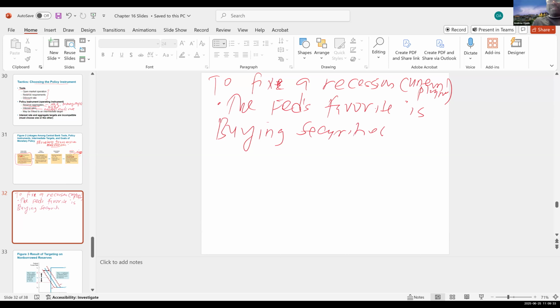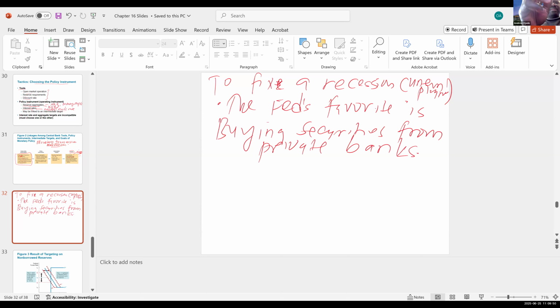And they can purchase these securities either from private banks or from the non-bank public. But let's say the Fed knows exactly how much they need to be able to solve that problem.